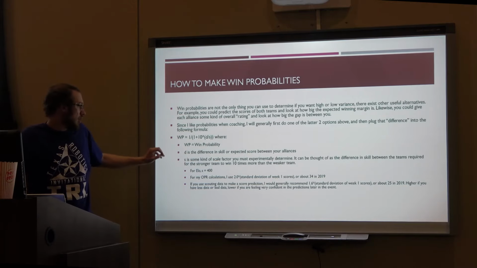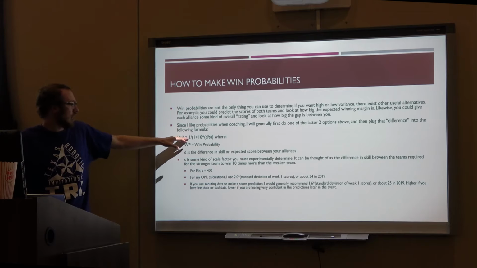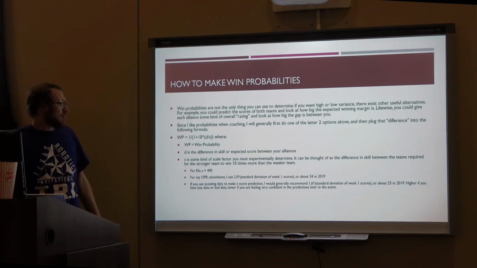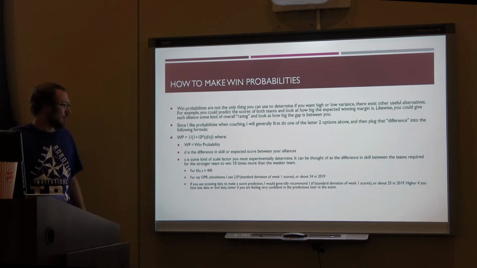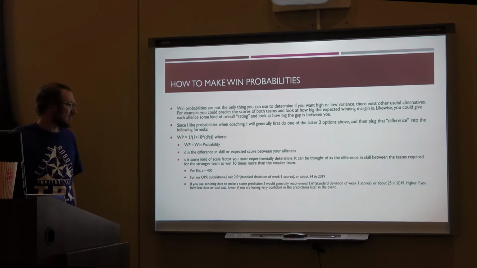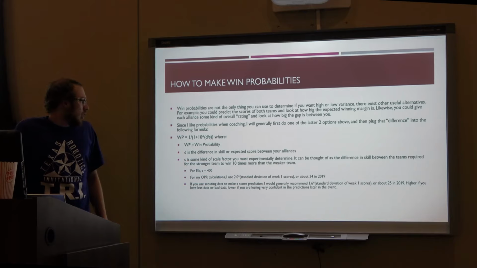And S is some kind of a scale factor. For this formula, that S is the only thing you need to figure out. I can talk about why the rest is mathematically sound, but it's a good formula to use. But S is a scale factor you need to figure out on your own.